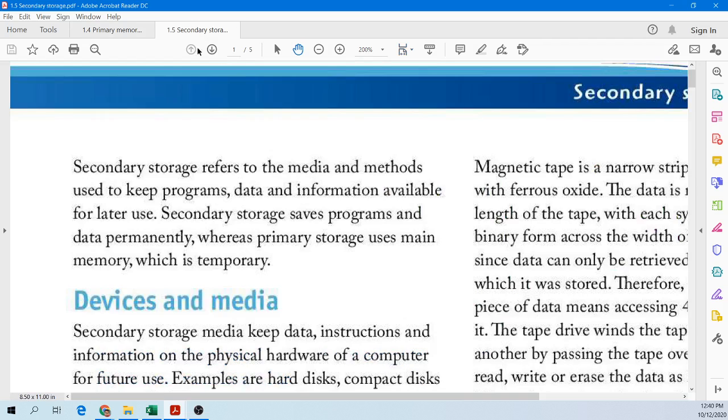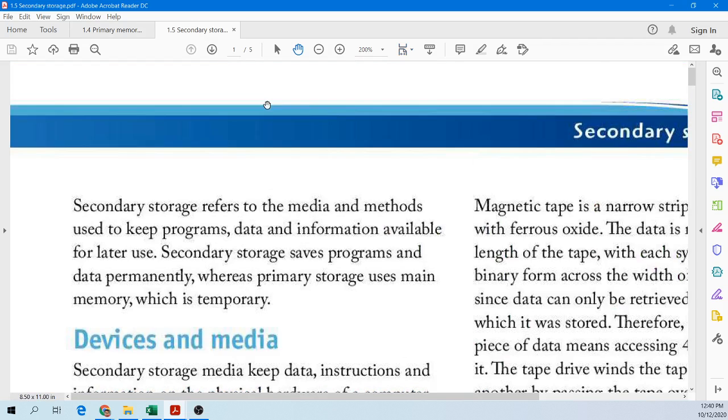Because that storage loses its data, we need a storage that would keep data permanently, and that is why we have secondary storage. So that's two features you need to remember there. Primary storage stores the data temporarily, and secondary storage stores the data permanently.